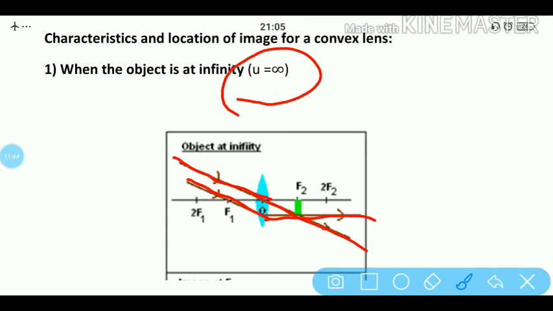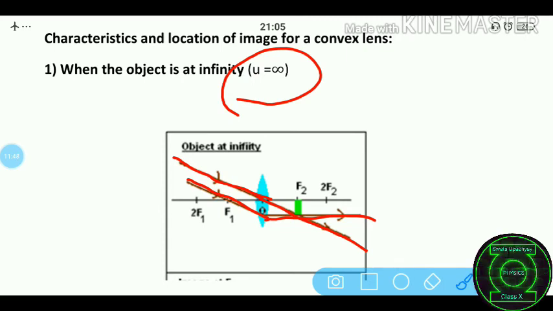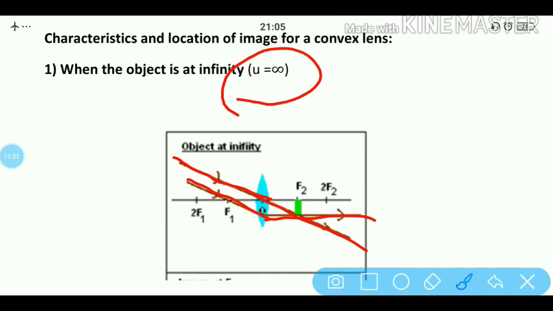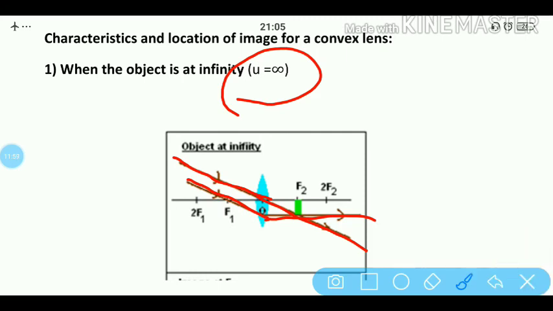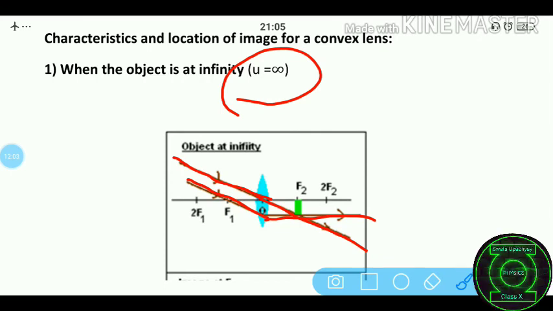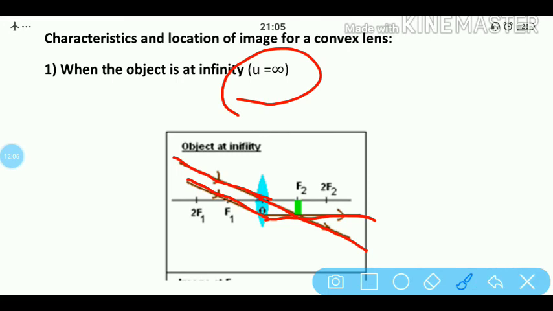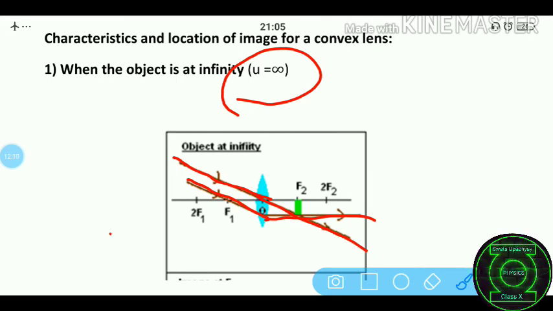You can take any 2 rays among the 3 which were discussed at the start of the topic, according to your convenience. In the book, they have taken two rays which are parallel to the principal axis. Here we have taken one ray coming through the optical center and the other through the focus. They meet at a point, that is F.